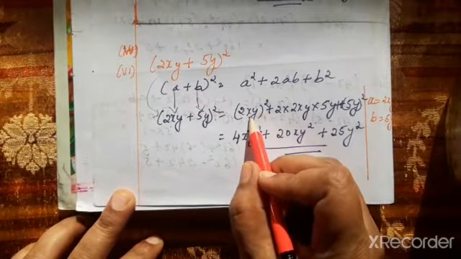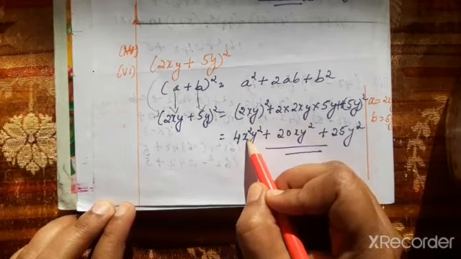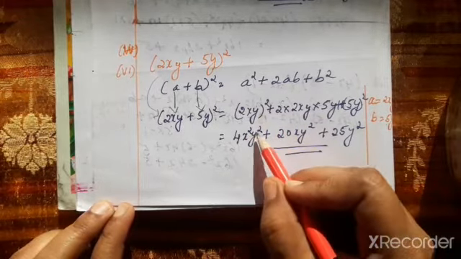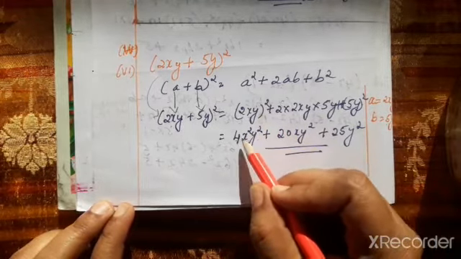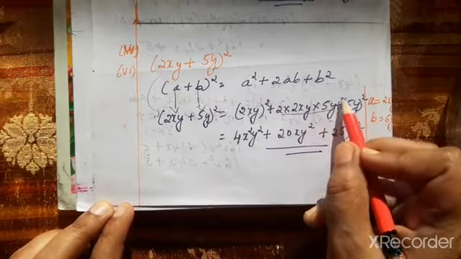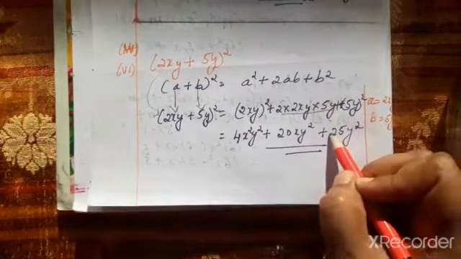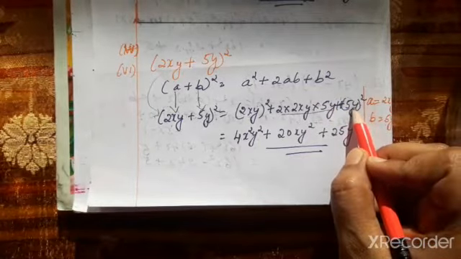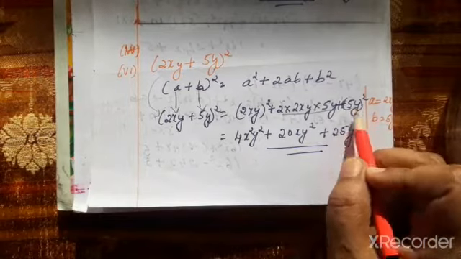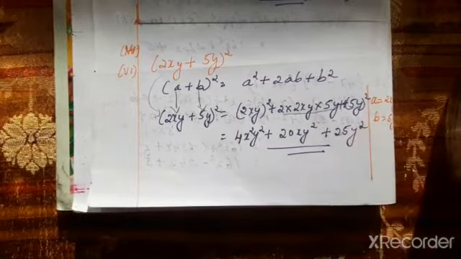So 2 twos are 4, x into x is x², y into y is y², so 4x²y². Plus 2 twos are 4, 4 fives are 20, xy into y is xy², power 1 plus 1 is 2. Plus (5y)² means multiplying 5y two times, 5 fives are 25 and y².